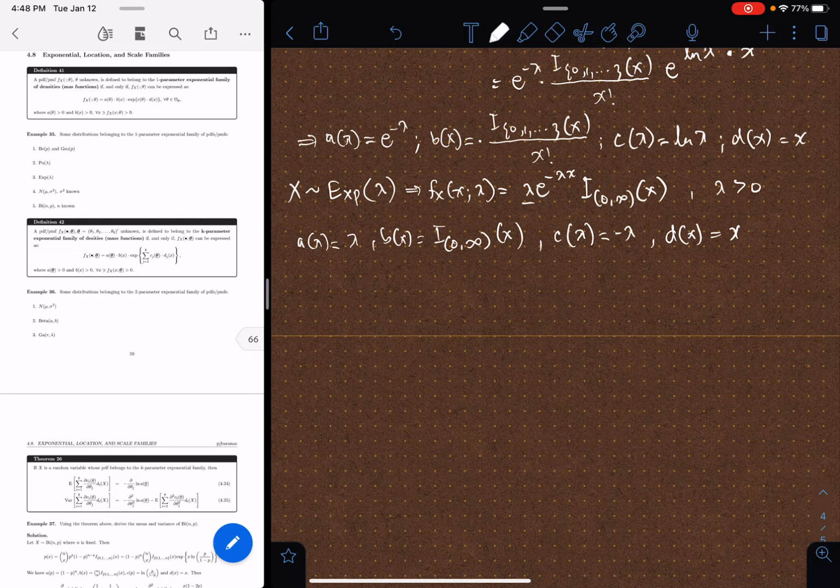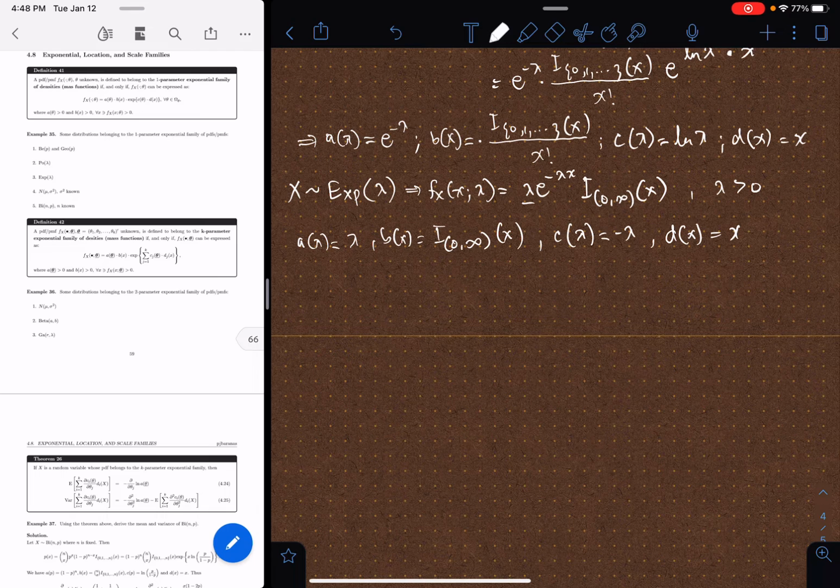Examples niyan are the normal, the general normal with mean mu and variance sigma squared, the beta with parameters a and b, the gamma with parameters r, lambda. So, to show that these distributions belong to the two parameter, dalawa lang kasi mga parameters in all these examples.